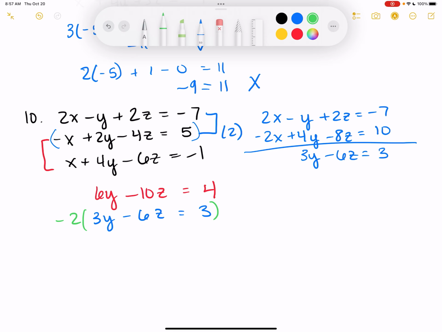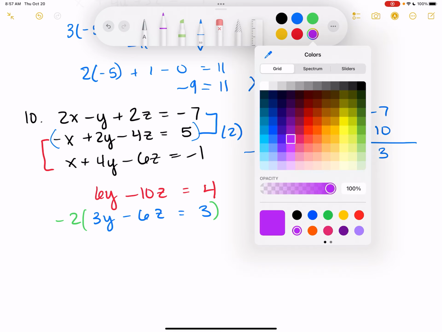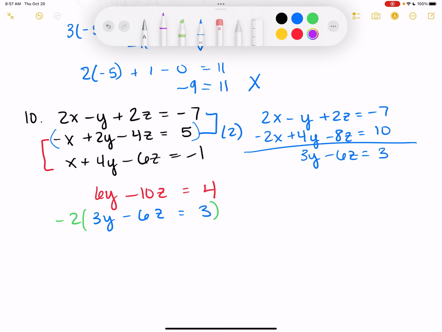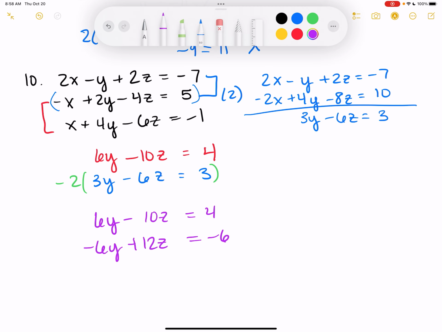So I now have 6y minus 10z equals 4, and -6y plus 12z equals -6. So then I have 2z equals -2. So z equals -1.